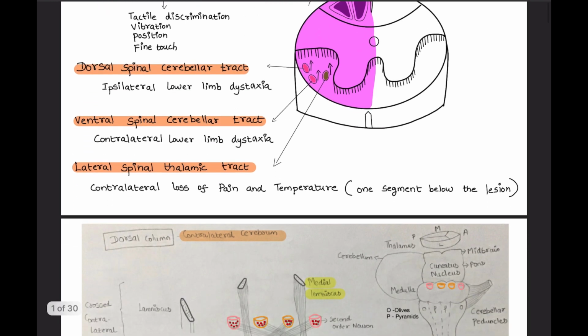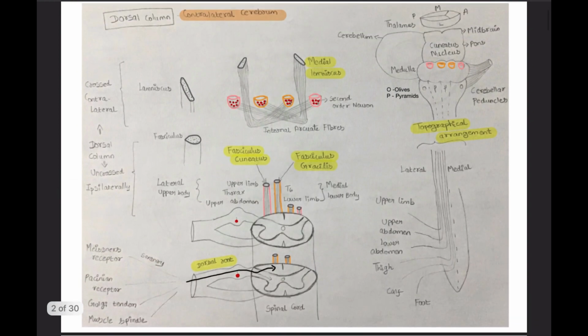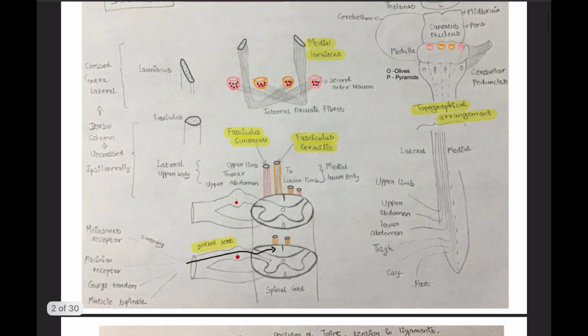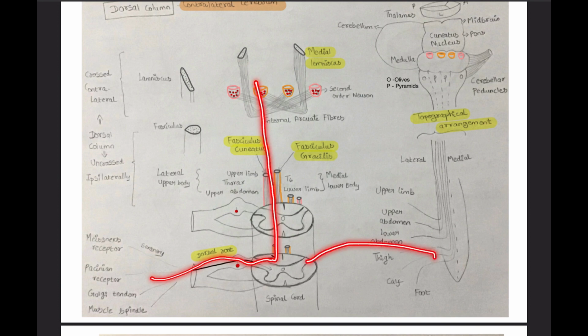So let us see the pathway of dorsal spinocerebellar tract. This is the slide about dorsal column tract pathways. They enter the spinal cord and move upwards on the same side. They do not cross. This is the right side, this is the left side.